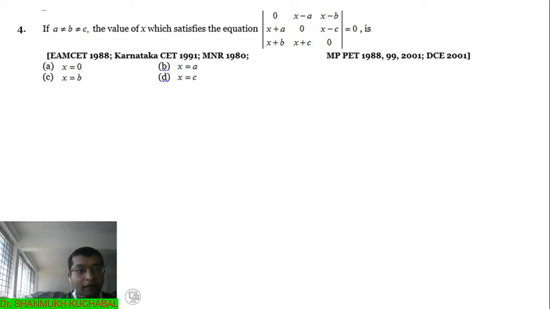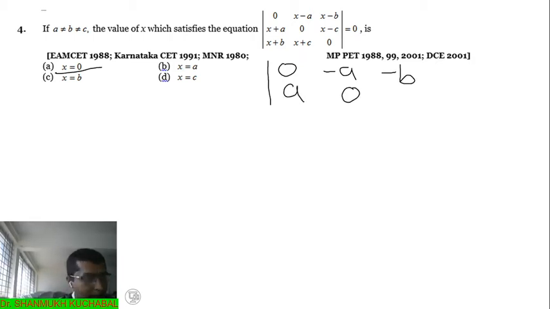So here, if A, B and C are not the same, the value of x which satisfies the equation is. So what I will do is, which satisfies the equation means I take x equal to 0 now. If I get the answer as 0, then it satisfies. Okay, so wherever it is x, I replace it by 0. It is 0 minus a minus b, then it is 0 minus c, next b c 0, b c 0.